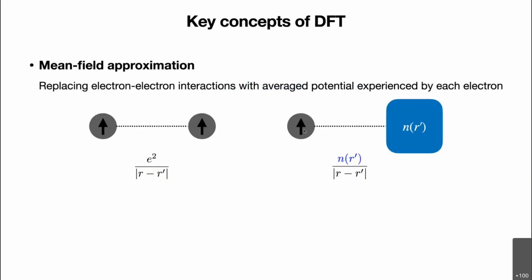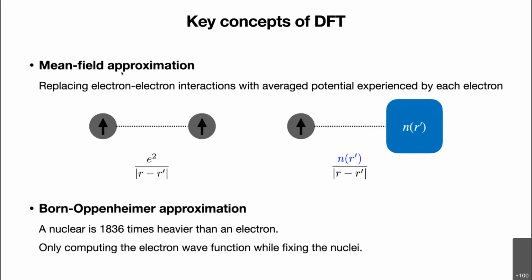So one electron just feels a potential from the electron density, not the many bodies. So the equation is something like this: electron density over the distance between the electron densities. So this is called the mean field approximation, the average field potential.